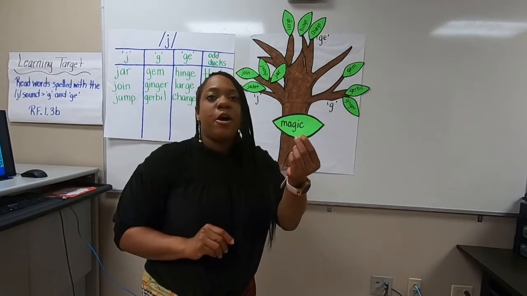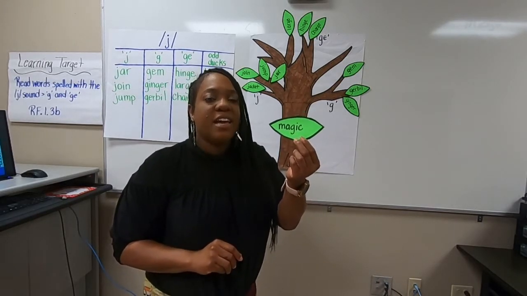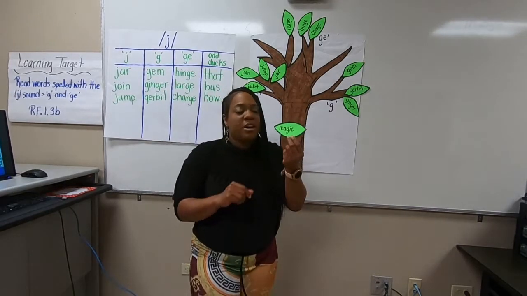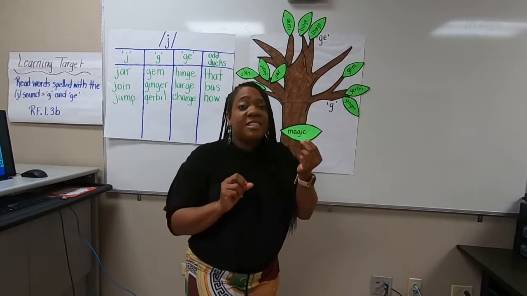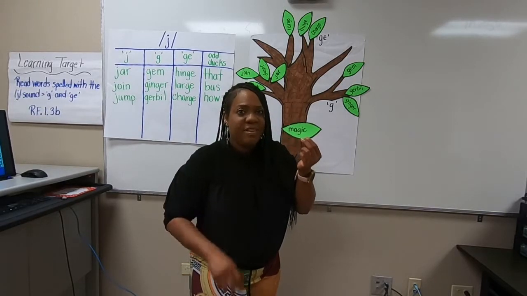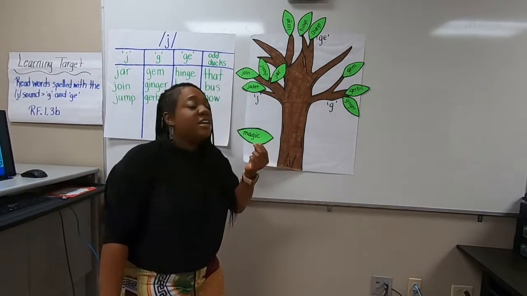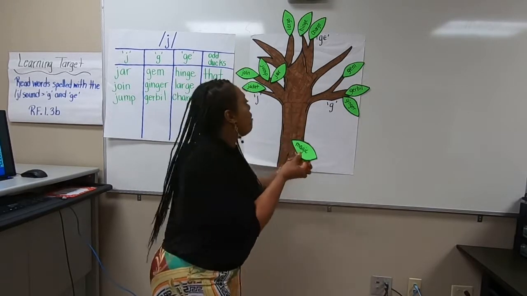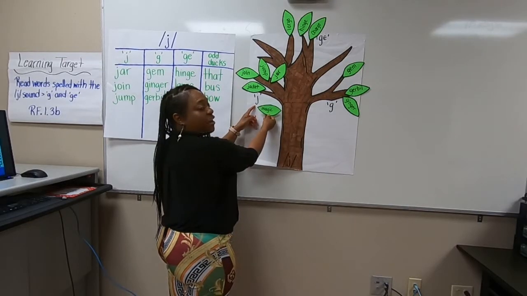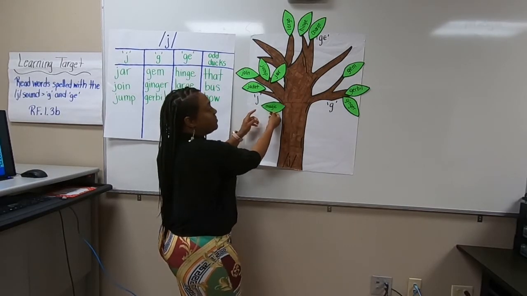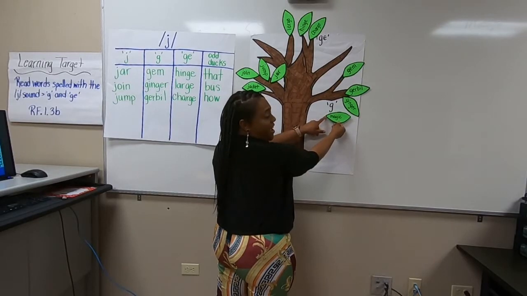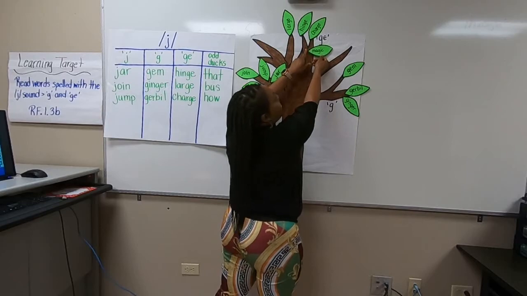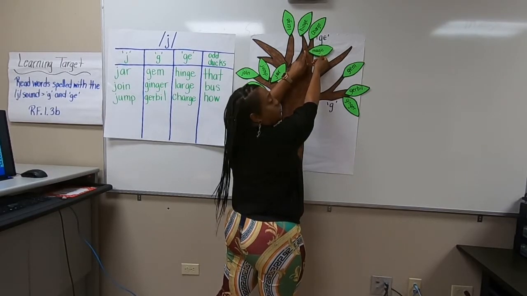All right. And one last word. Our last word is magic. Can you say magic? I tried to trick you on this word because here the J sound is where? In the middle. Very good. So where would it go on our tree? Would it go on the letter J, letter G that says J, or GE that says J?